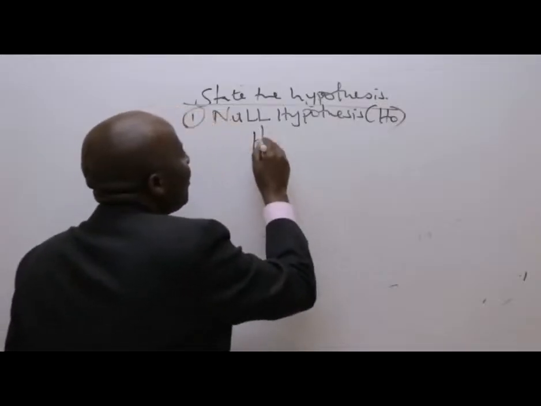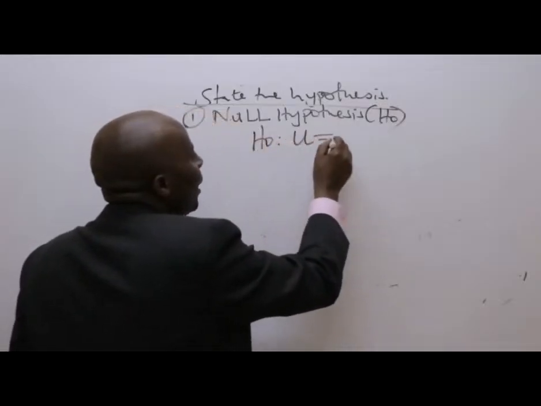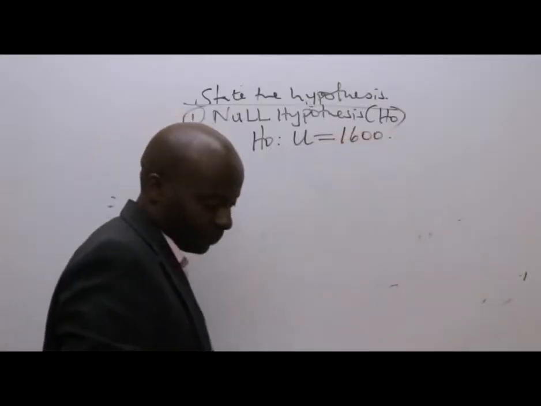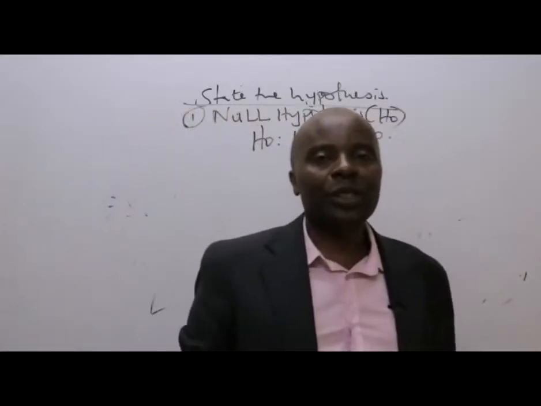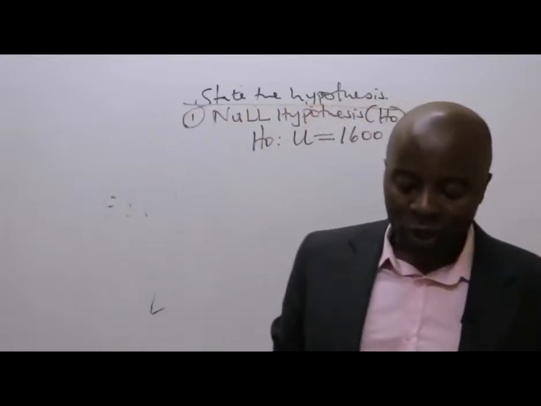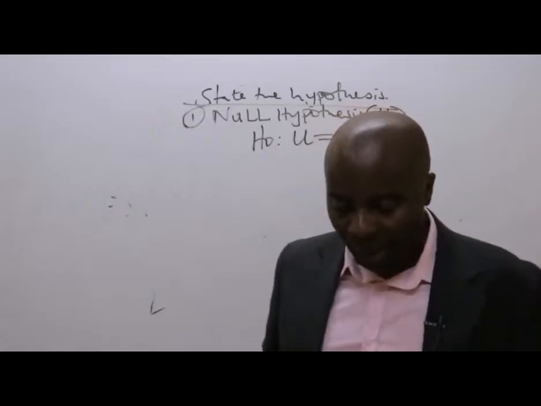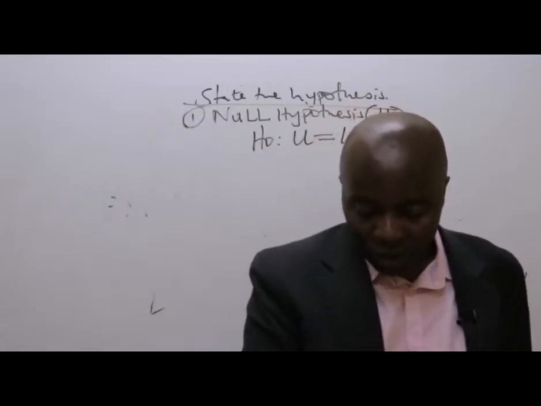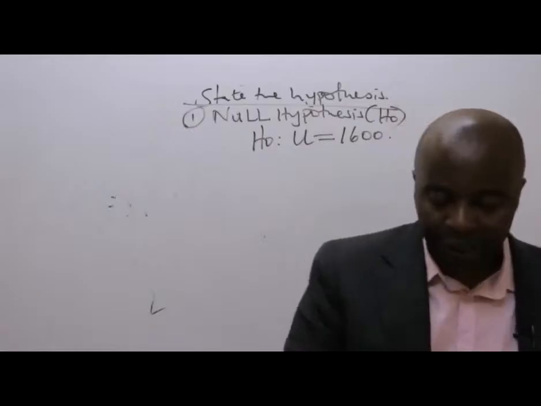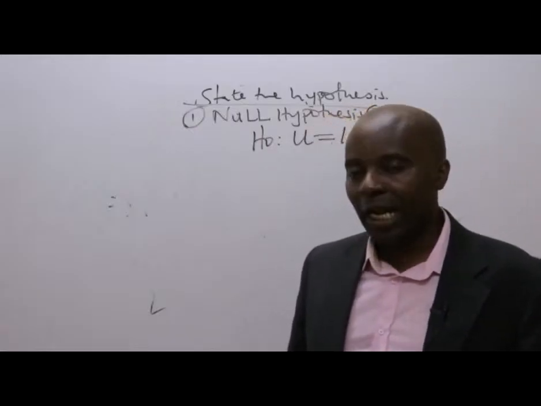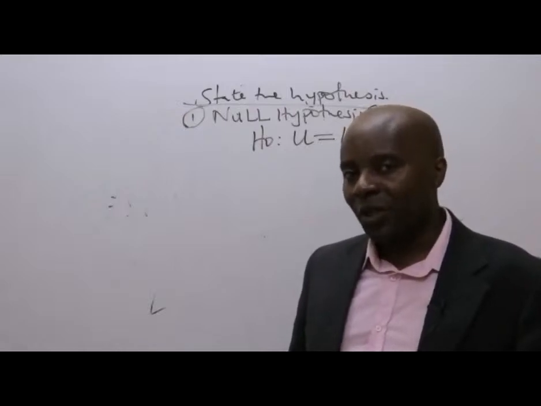My null hypothesis says that mu is equal to 1600, because they want us to test the claim that the mean lifetime of the tubes produced by the company is 1600.